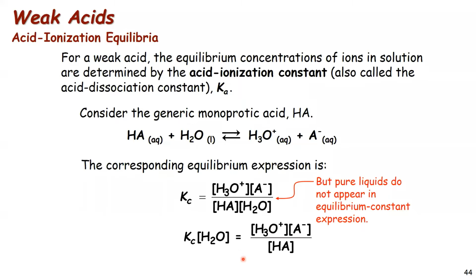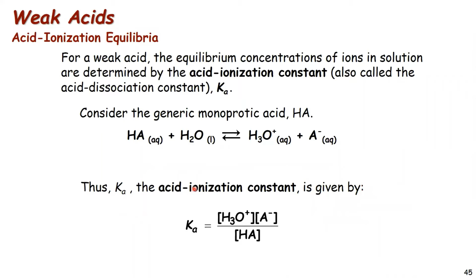And that's just going to become part of that constant that we call Ka. So that's our Ka value. So there it is. There's what we would have expected. The equilibrium constant is equal to the concentration of the aqueous products divided by the aqueous reactants, again, raised to the power in the balanced chemical equation.